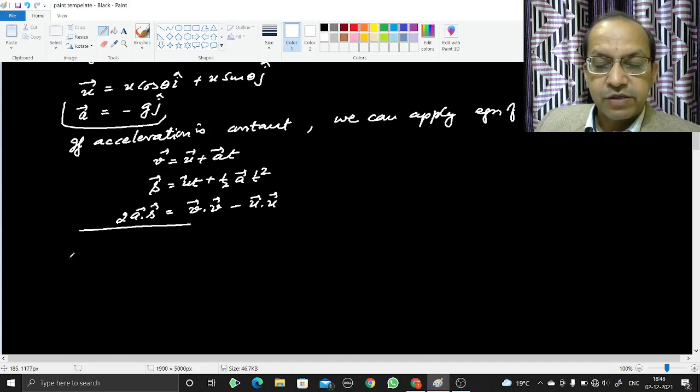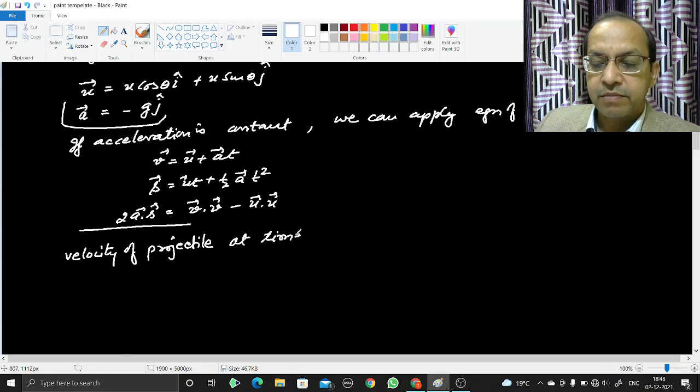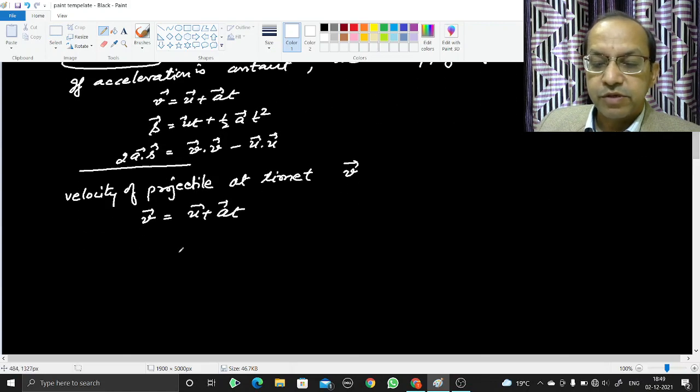We can find the velocity at any time. So the velocity of the projectile at time t, that is the vector v, will be equal to u plus a times t. u is u cos theta i cap plus u sin theta j cap, and a is minus g j cap, times t.